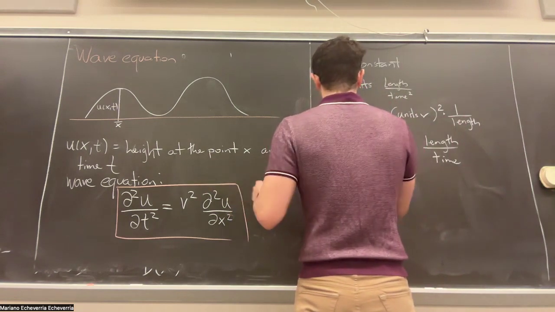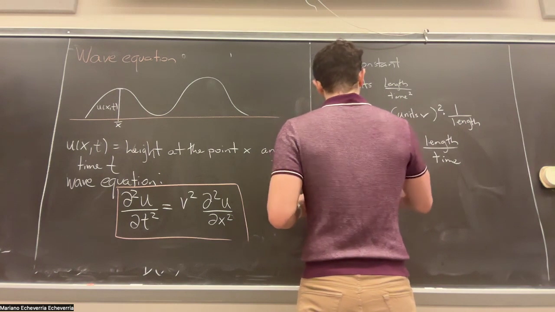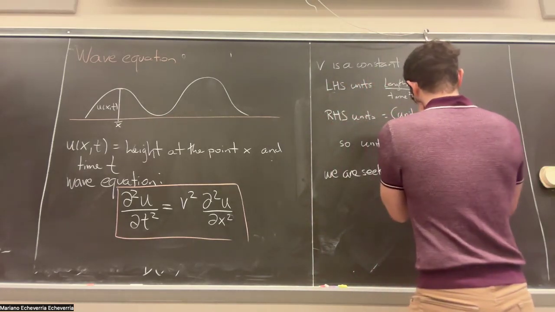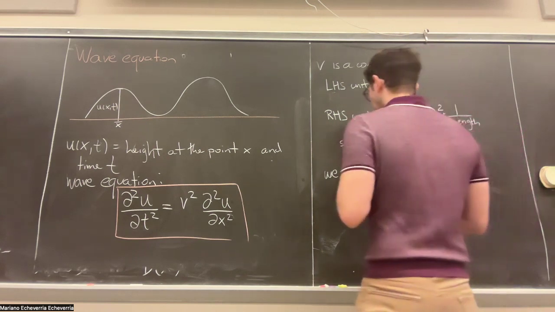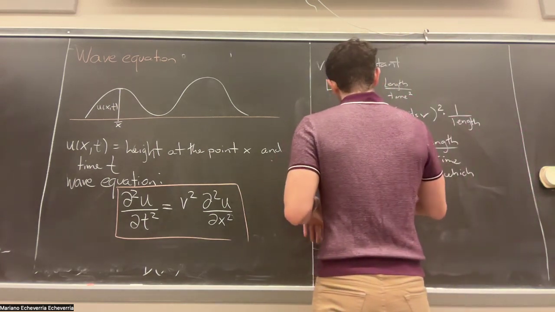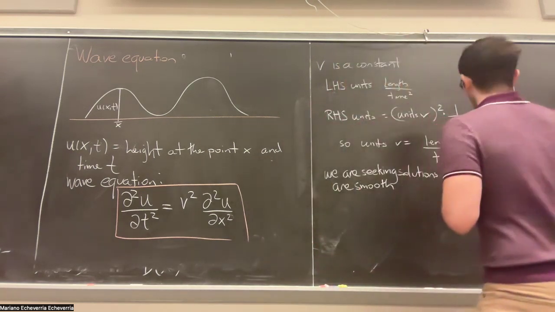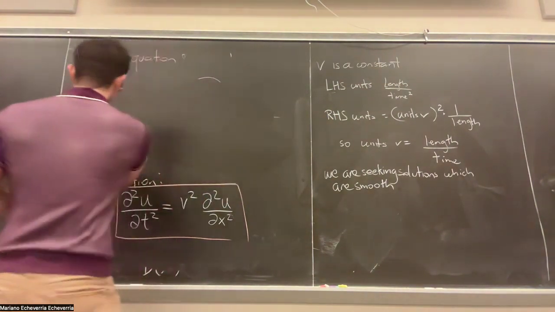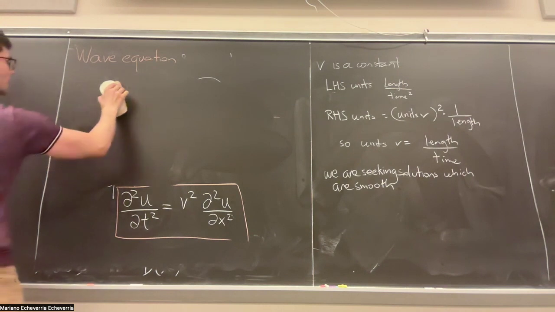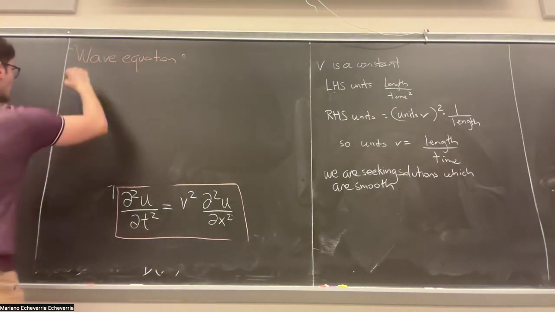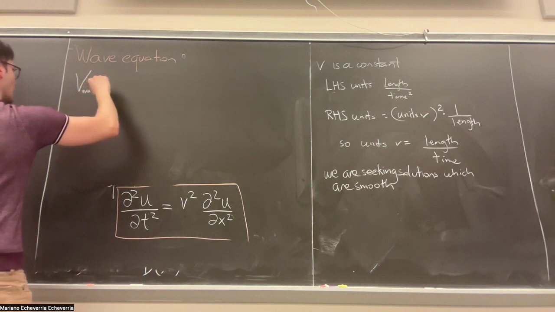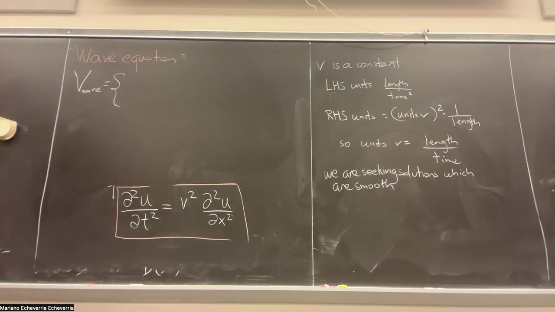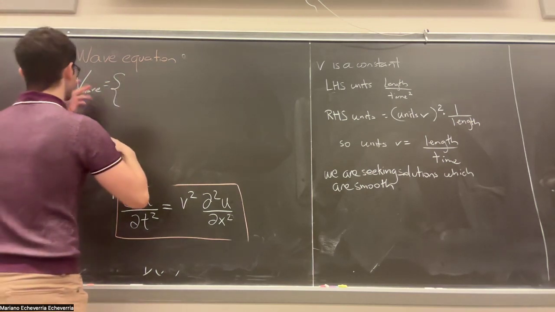So we're seeking solutions that are smooth. You could start by making a set out of all the solutions to this equation. Let's call it V sub wave, just to emphasize that it's related to the wave equation.